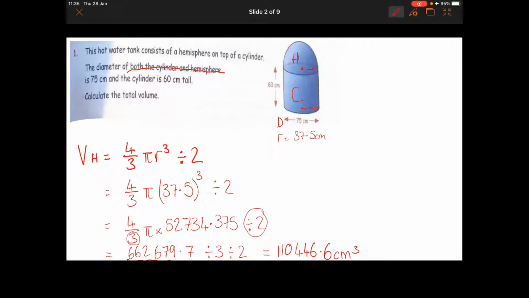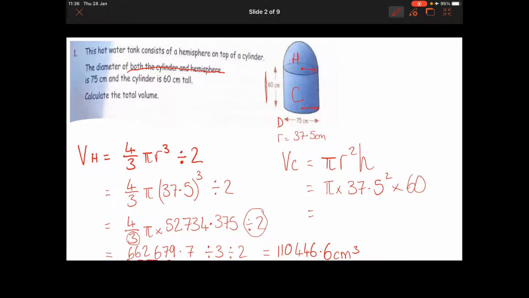Now that we have done our hemisphere, we are going to move on to our cylinder. So volume of a cylinder is equal to pi r squared h. So pi is just pi. We are timesing by our radius squared, so that's 37.5 squared, and then timesing by the height of our cylinder, which is this bit here, the 60. Now, when we are putting this into our calculator, just like last time, I'm going to do my 37.5 squared first because I don't want my calculator doing pi times 37.5 and then squaring it.